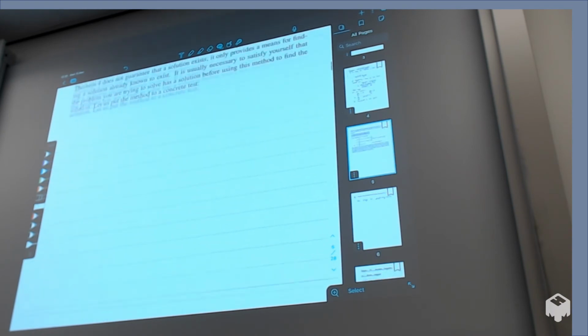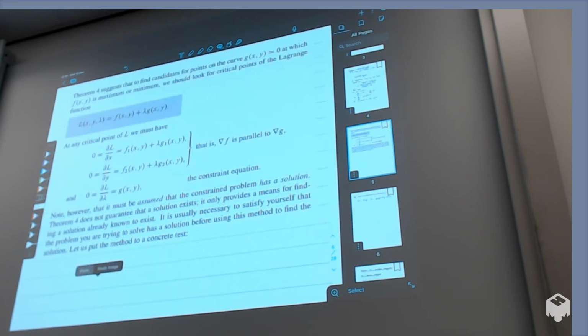Here's the method. Go forth. Okay, so you're going to get your three equations.